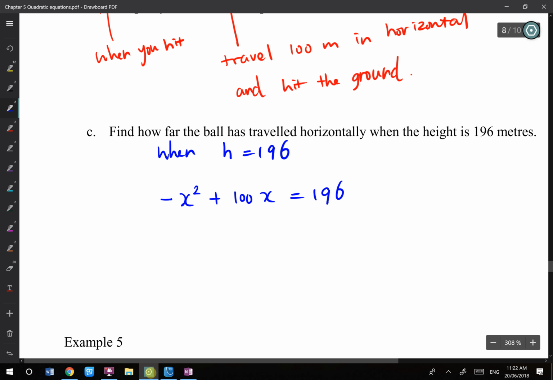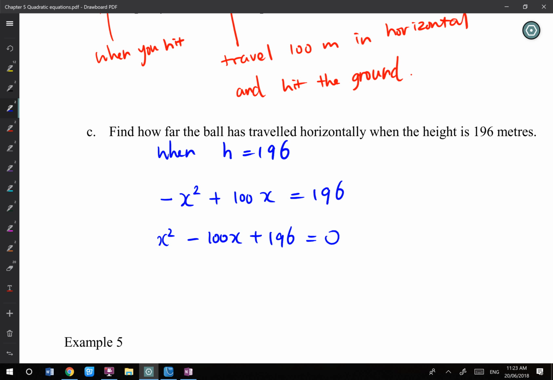And I can solve by x squared minus 100x plus 196 equals 0. I move everything to the right because I like a positive x squared, 1 positive x squared.